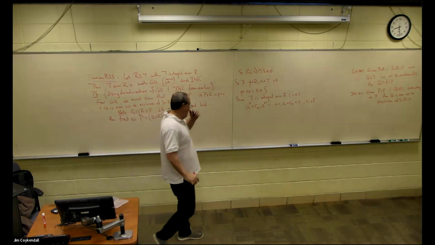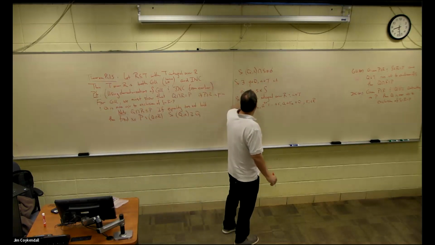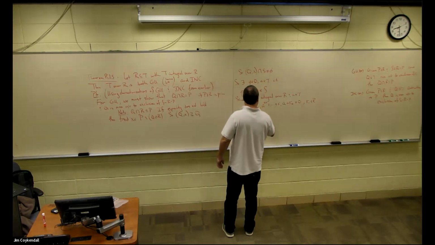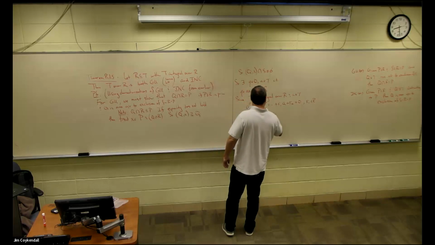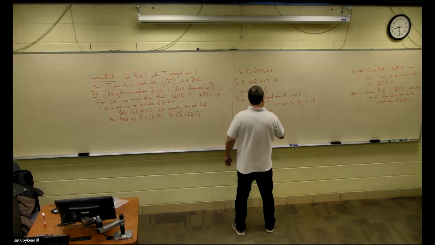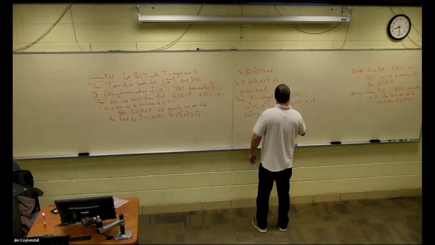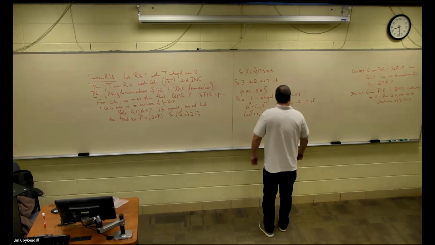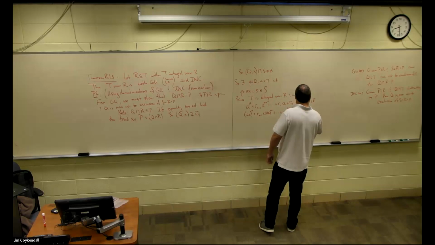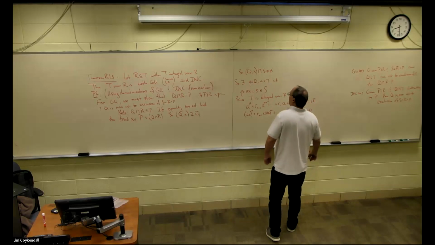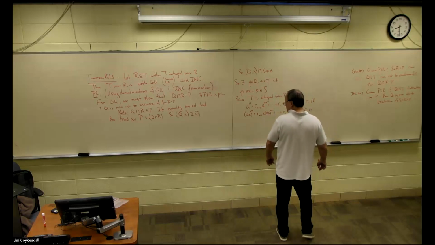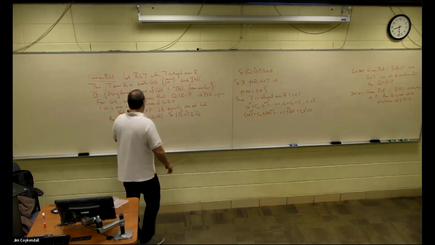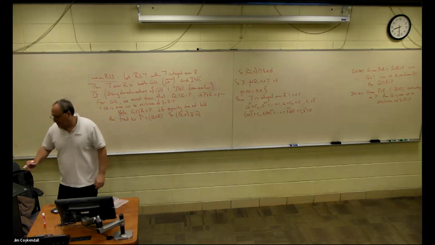So let's multiply this by X to the n. And of course, also keep in mind that X is actually an element of D, so it's actually an element of R as well.